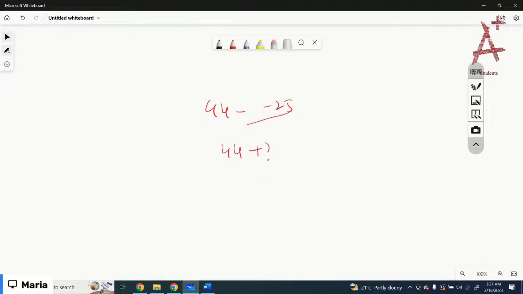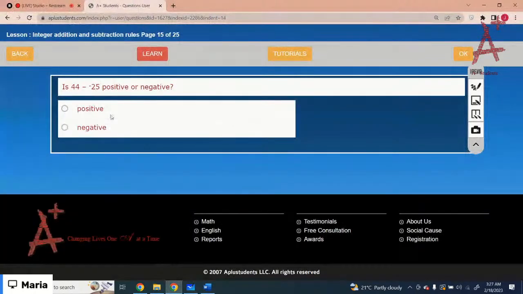So it would be 44 plus 25. Got it? Now both the numbers are positive. So the answer must be positive. Got it? Both the numbers are positive. So the answer must be positive.